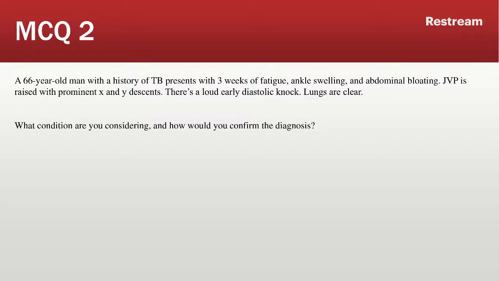Okay, and this is only a 3 week history, so usually you'd expect heart failure to be a longer term, long standing history. Okay, and also not in keeping with the abdominal bloating. So, if no thoughts in the chat, we can move on to the next slide.